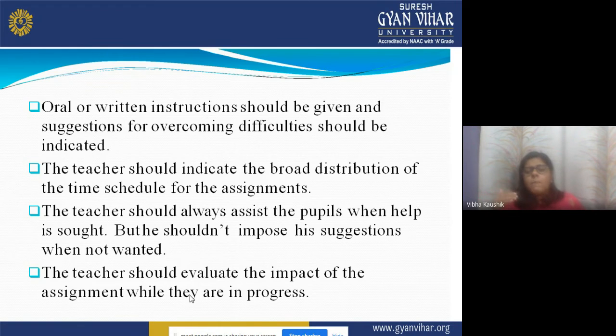The teacher must specifically define the duration of the assignment, and in that duration you have to complete that assignment. The teacher should always assist the pupil, means the teacher should always be ready to help the pupil when help is sought, when the students are asking for help, but he should not impose his suggestions when not wanted.